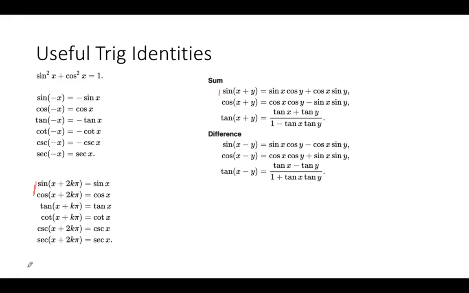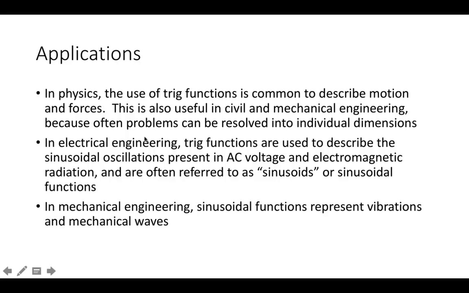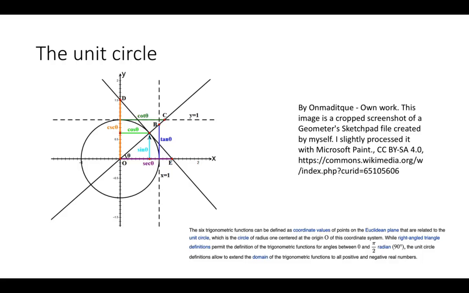Then, if we go to the next slide, you can see listed here some possible applications. In physics, the trig functions are commonly used to describe motions and forces. It's pretty useful in civil and mechanical engineering because a lot of times you want to resolve problems into individual x and y dimensions.